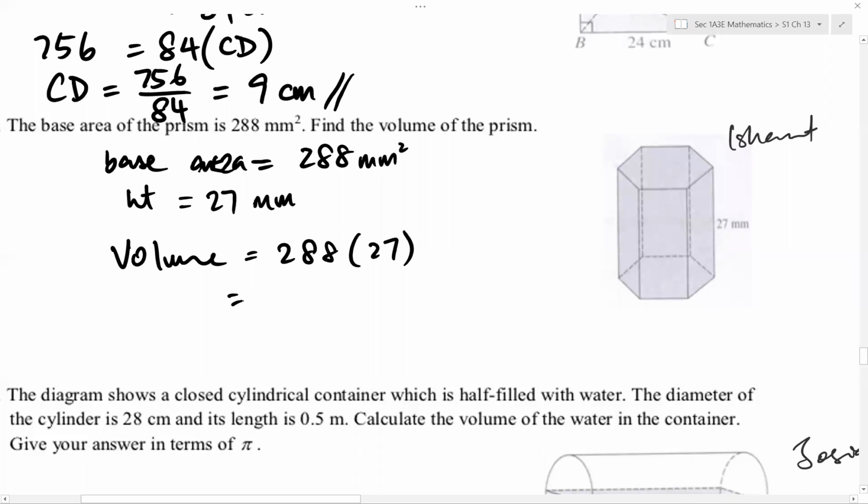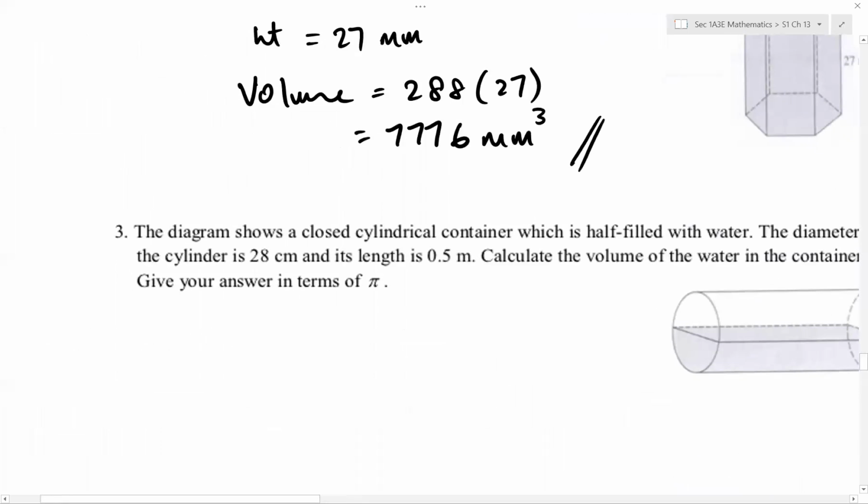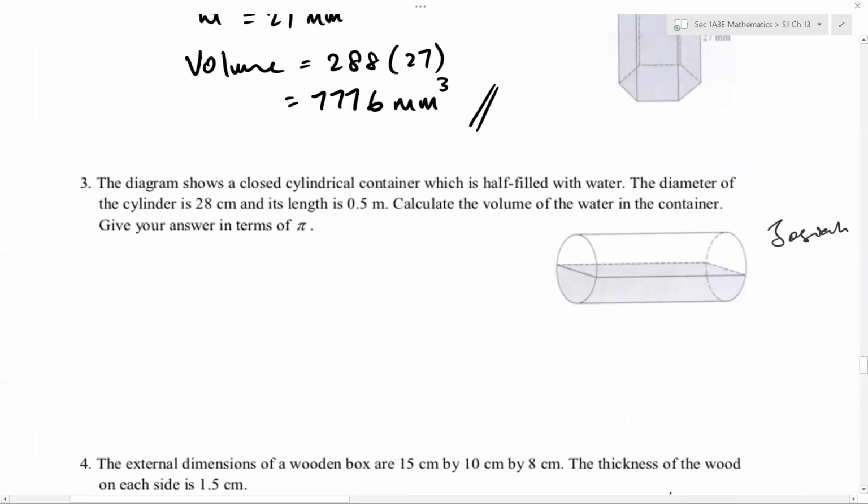Times 27. Okay, good. Next. Radius of circle. Oh, okay, okay, radius. Okay, what happens next?